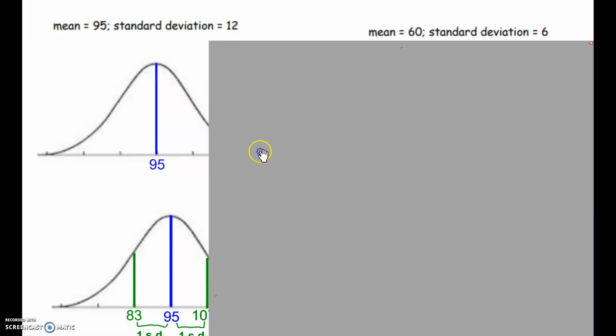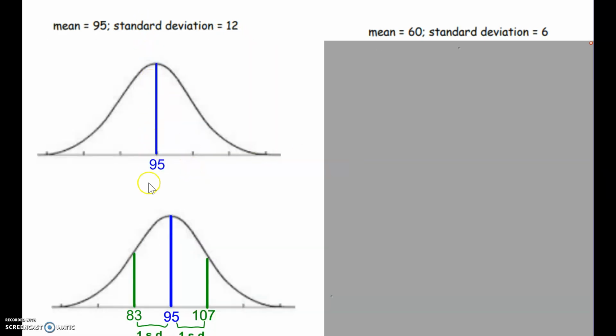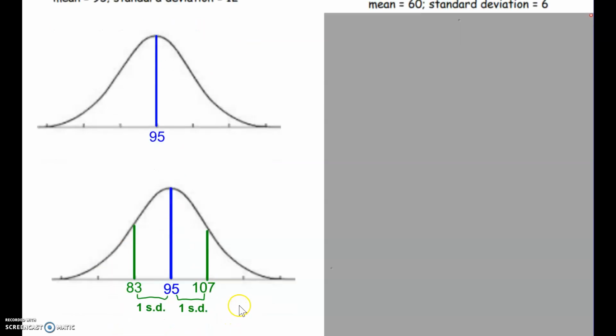Let's take a look at an example of just creating a bell curve and how that connects with the standard deviations. So if I have a mean of 95 and a standard deviation of 12, I'm going to put my mean in the middle, 95, and then one standard deviation on either side would be 83 and 107.